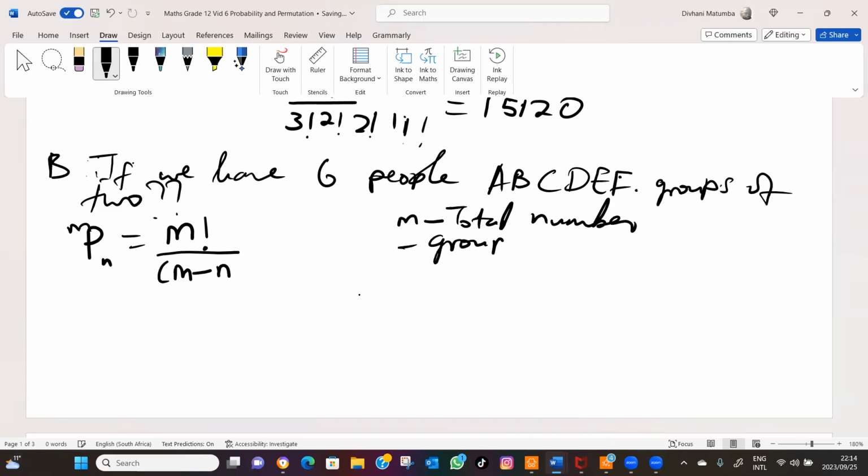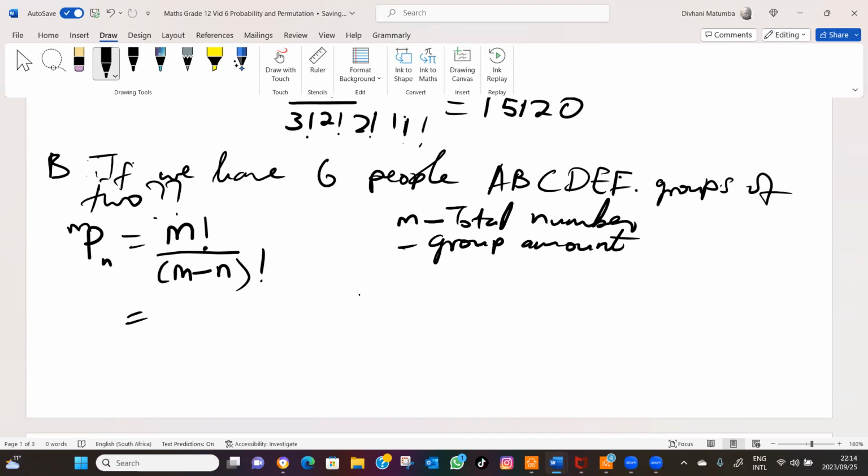Group number, group amount. Okay. And then we give it factorial.